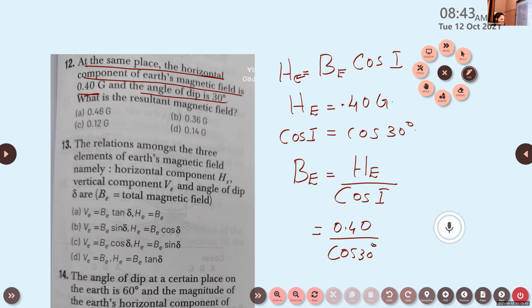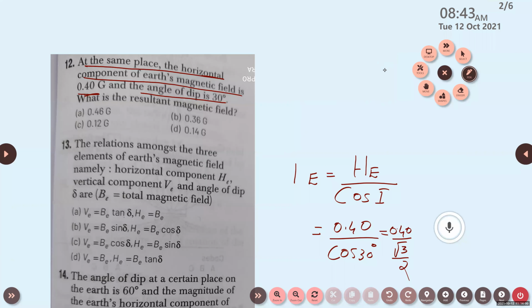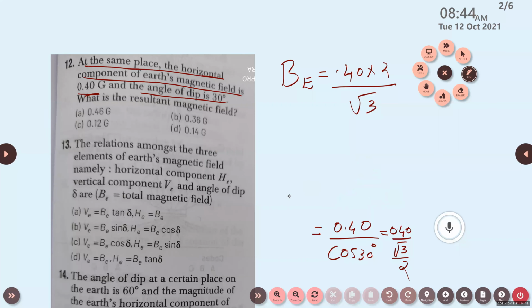Srihari, did you get the answer? No, ma'am. You can get the exact value of cos 30 from the log book. You can find the value from that book.